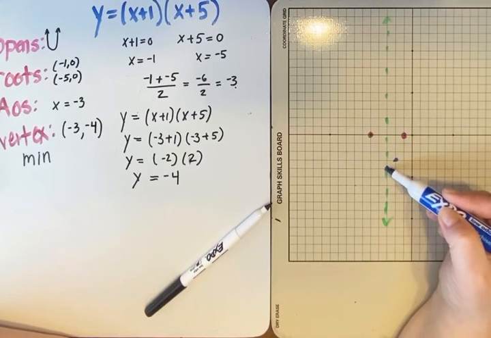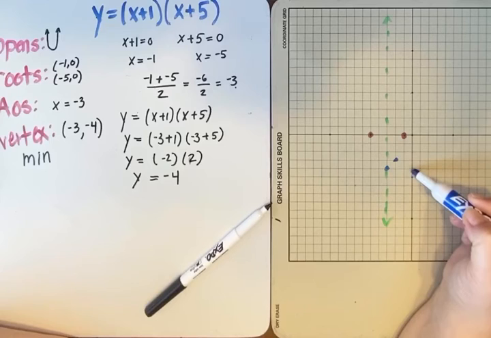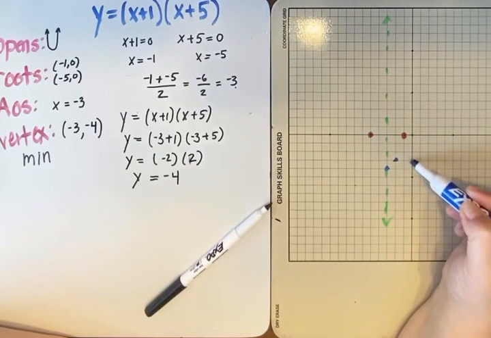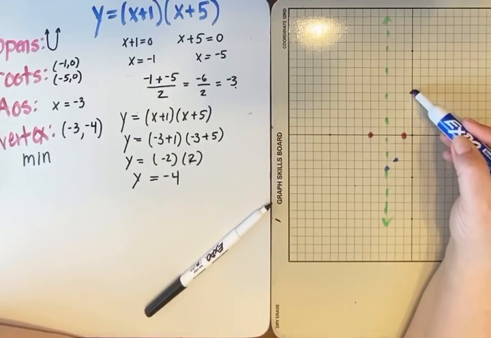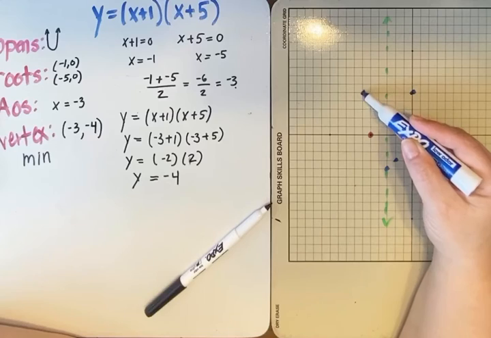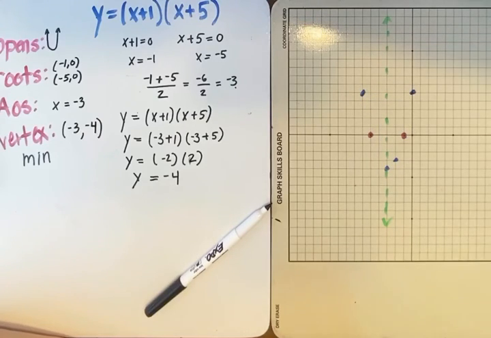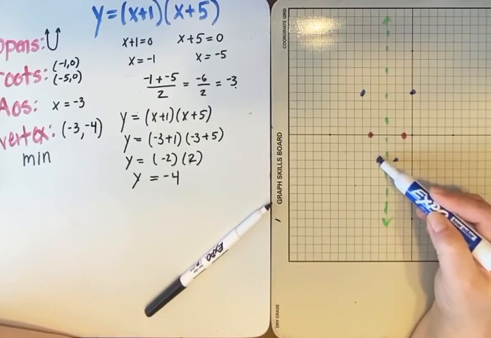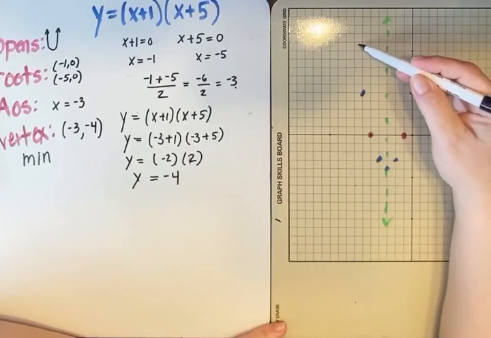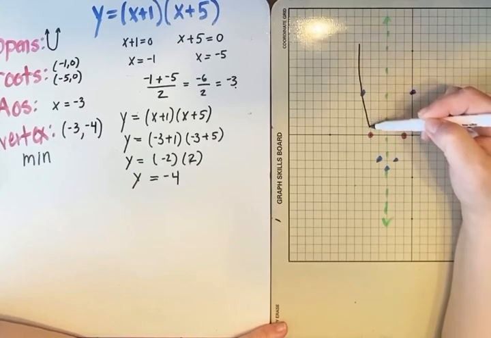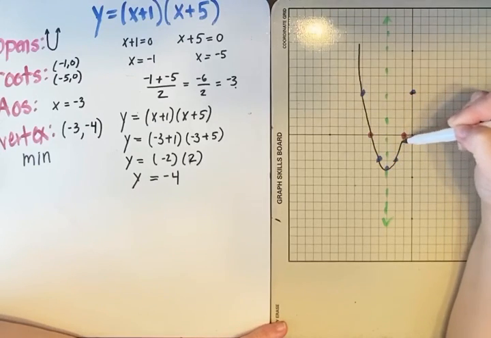I could go back to the vertex, I can count to the right 3, squared is 9, and move up 9, and use symmetry to fill in the other point. I can see that I now have my parabola that I could draw that U-shaped curve.